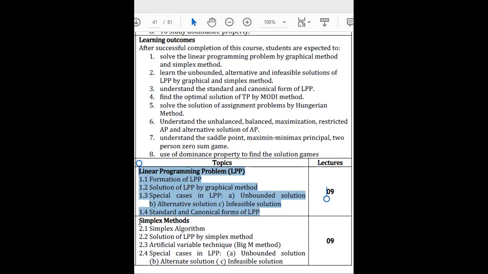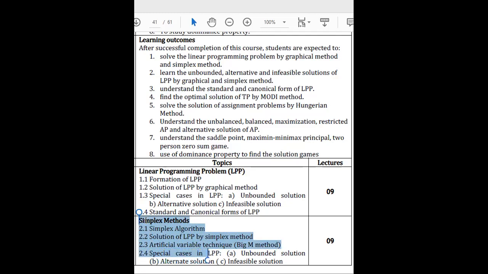In the second chapter, we will learn simplex method. The procedure of finding solution by simplex method, solution of LPP by simplex method. Then there are some problems in which artificial variables are used to solve linear programming problem. It is known as Big M method.